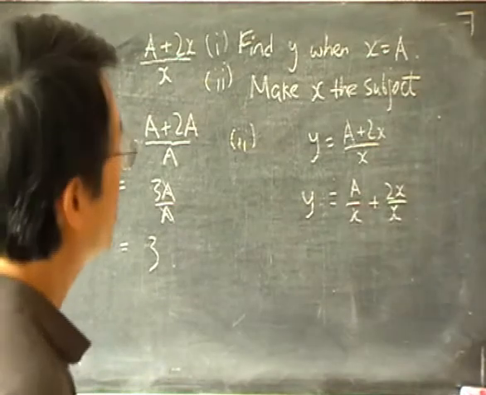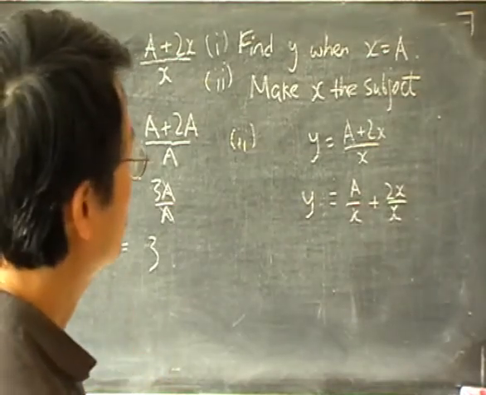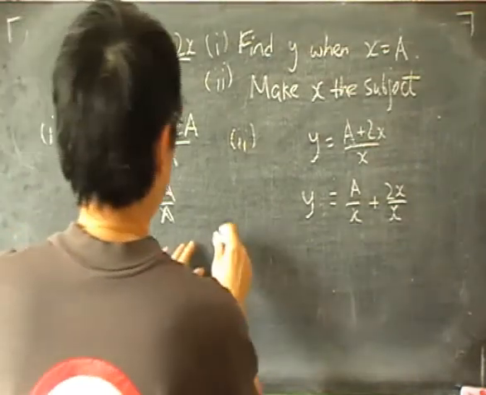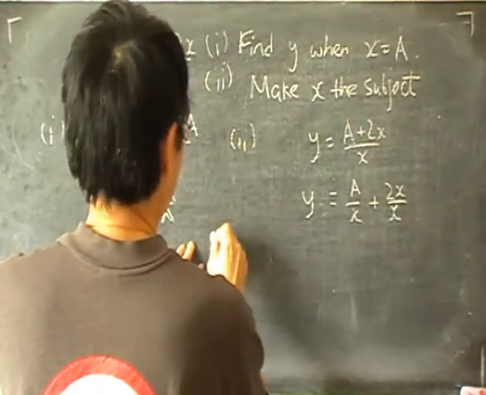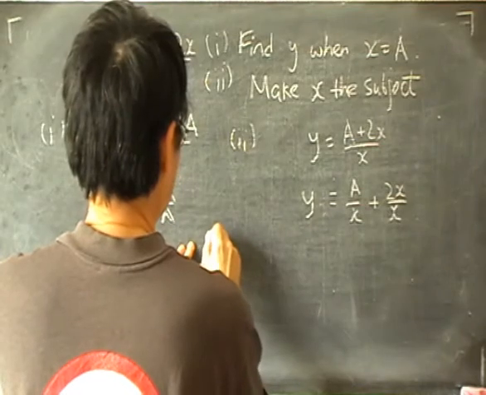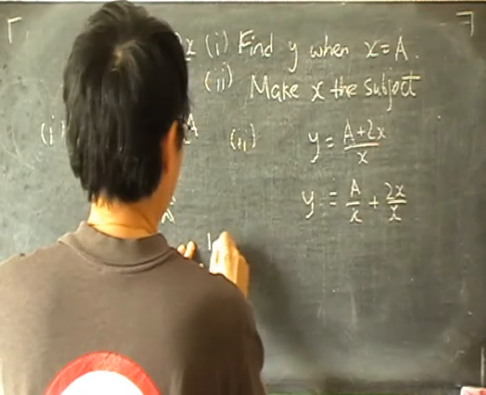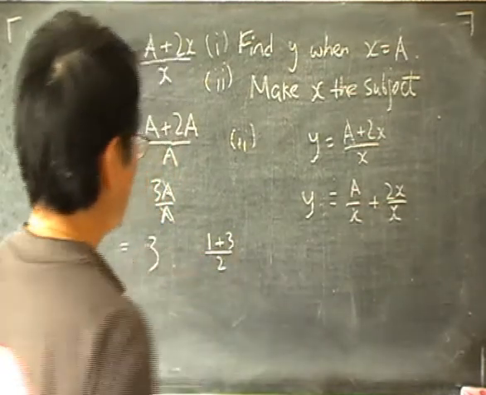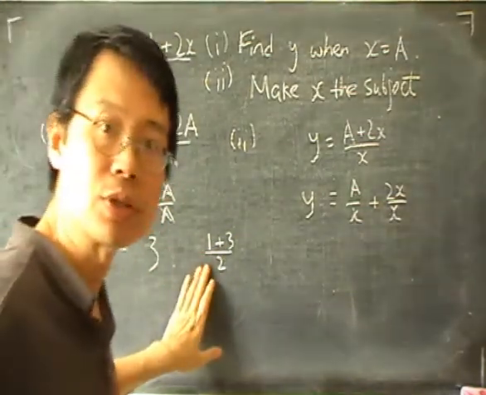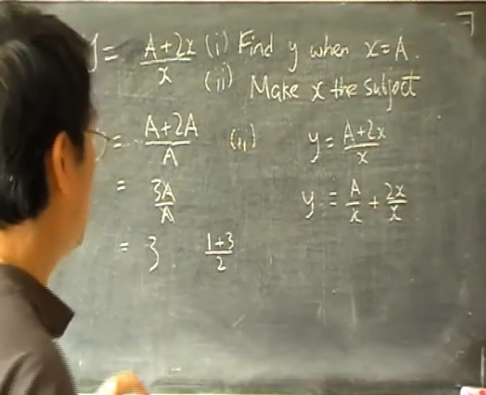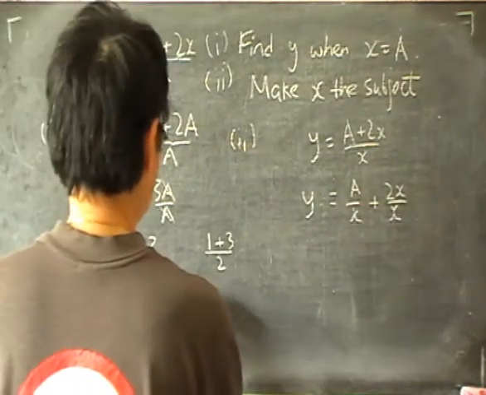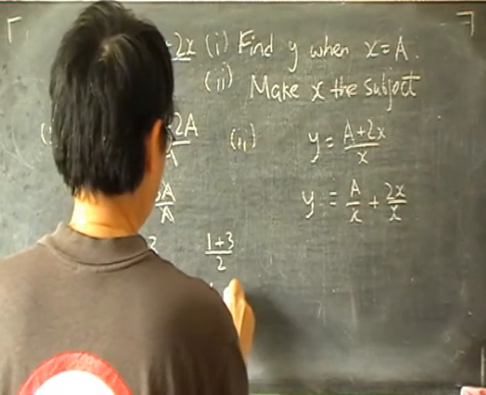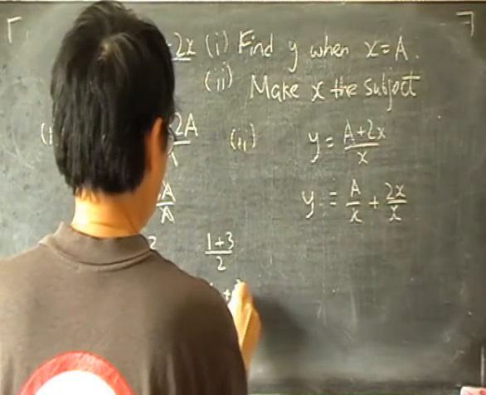One way to think about this is, for example, if I have a fraction that looks like this, 1 plus 3 over 2, I can write it as two separate fractions, as 1 over 2 plus 3 over 2.